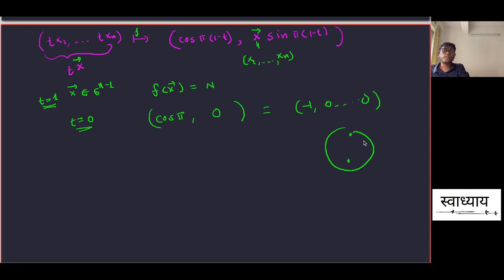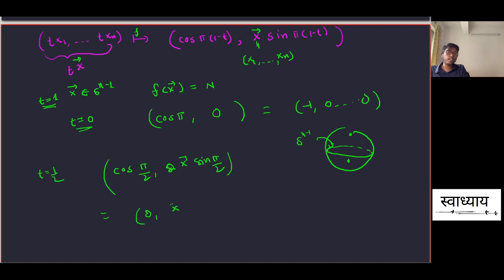Let's see what if t equals half. If t equals half we'll be expecting this circle, which is S^(n-1). So let's see why. If t equals half, I'll be getting cosine pi by 2, and now x sine pi by 2. And what is this?